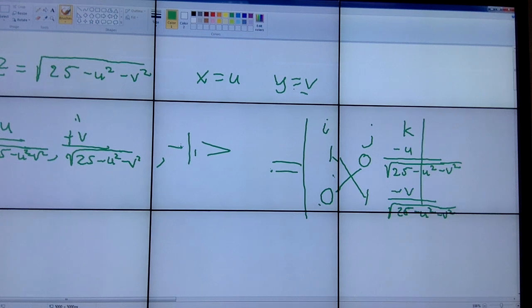Compute the normal to the surface. Actually, go ahead, give it a try yourself. I'm going to write it on the board while you do it.